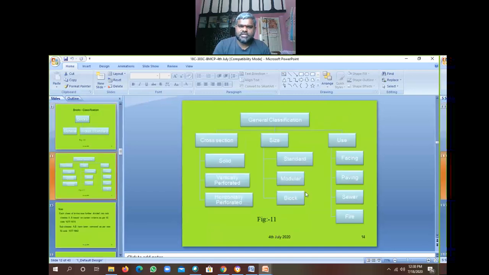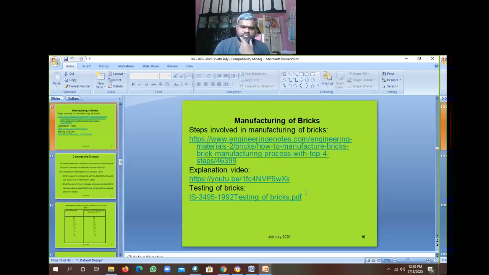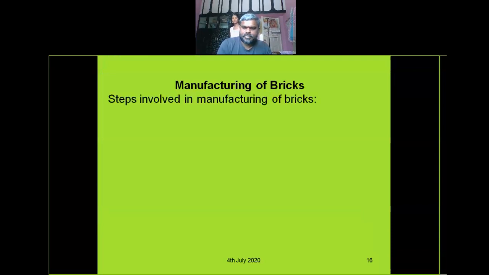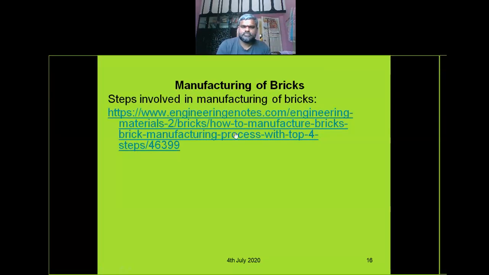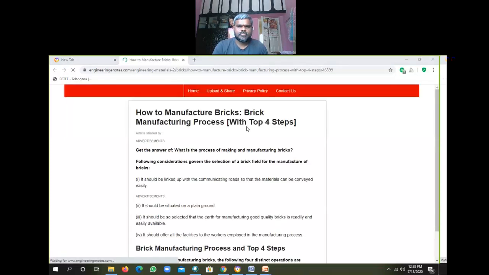Then the classification of bricks, the cross section, and the steps involved in manufacturing of bricks we have also seen.